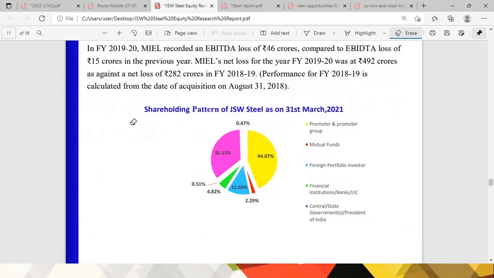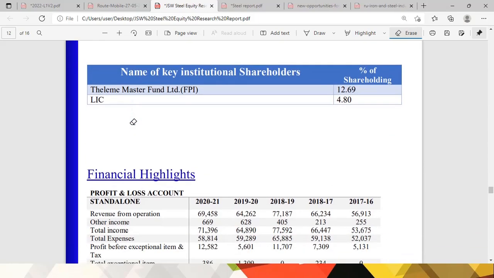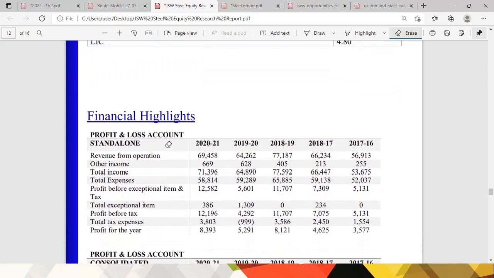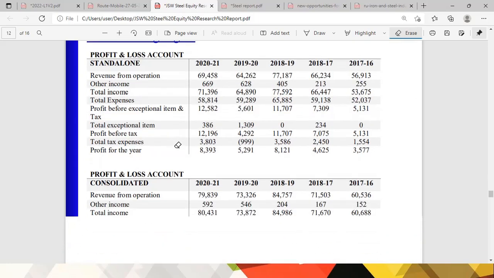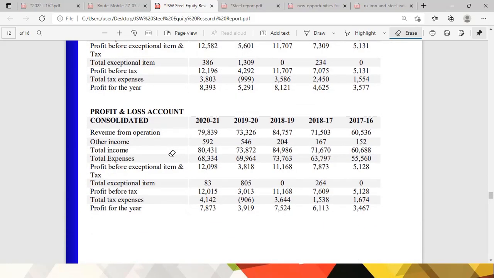Then after this business analysis, I have come to company's shareholding pattern. Key institutional shareholders, and after that I have gotten into company's financial highlights. This is in standalone basis for last 5 financial years, and this is in consolidated basis for last 5 years.